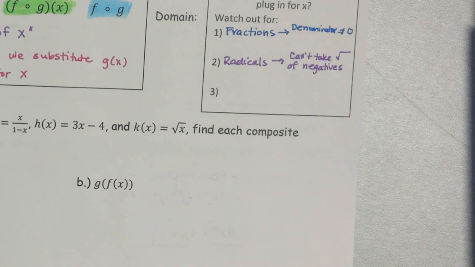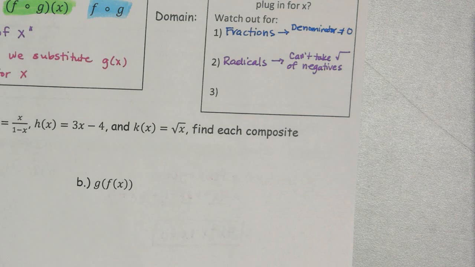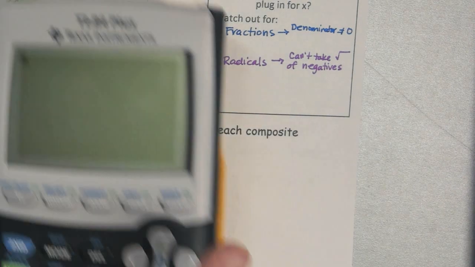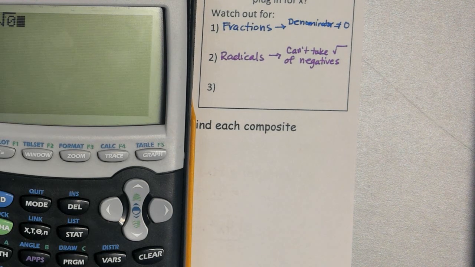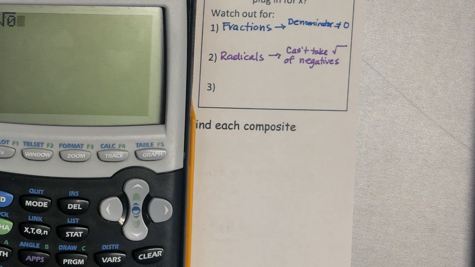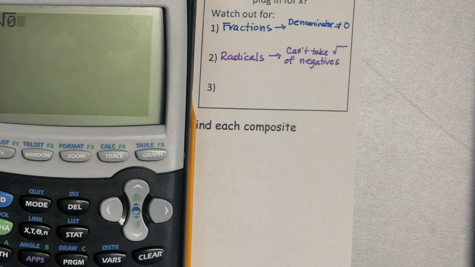Can you take the square root of 0? Let's try it. You don't seem sure. Am I going to get an error? Am I going to get an answer? Remember, a square root just means, can you multiply something by itself to get that number? Or multiply something by itself to get 0?